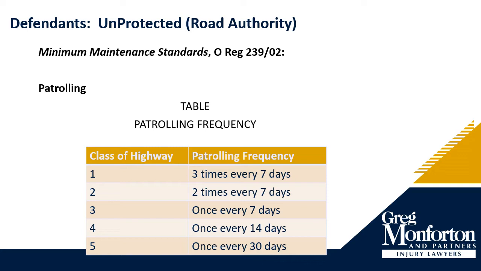This table outlines the frequency of the patrolling that is required, and it's linked to the class of highway. Again, the more regularly traveled the highway, the more frequent patrolling is required. If you are dealing with a class 1 highway, the patrolling frequency is 3 times every 7 days. And you can see how it changes as you go down in terms of the class of highway.